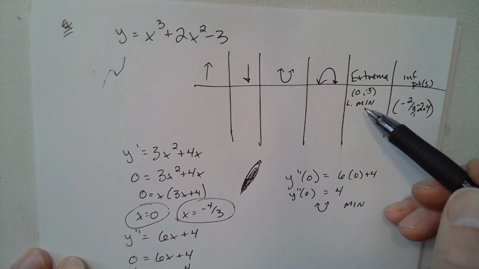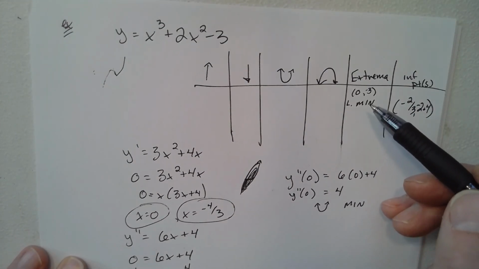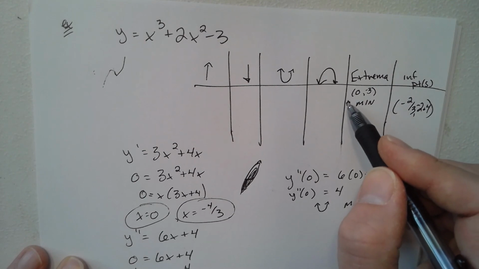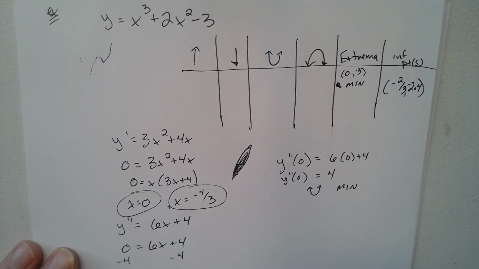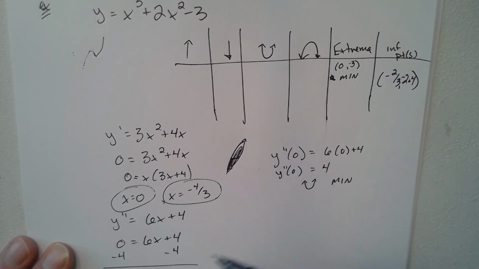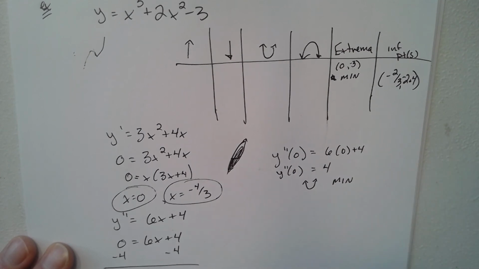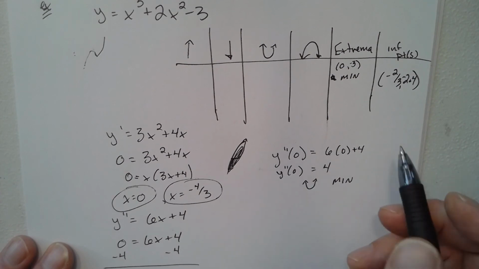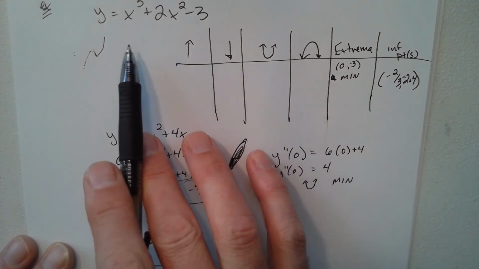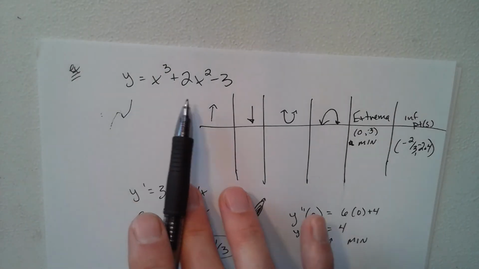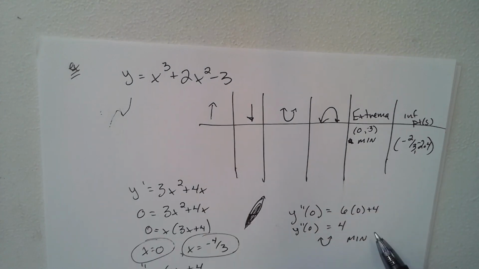You probably won't be asked to determine whether it's an absolute minimum or a local minimum, so I'm just going to call it a minimum for right now. Because in 4.3 you aren't allowed graphing calculators, so all of this is just going to be an analytical process to find out all these characteristics of the graph without a graphing calculator.